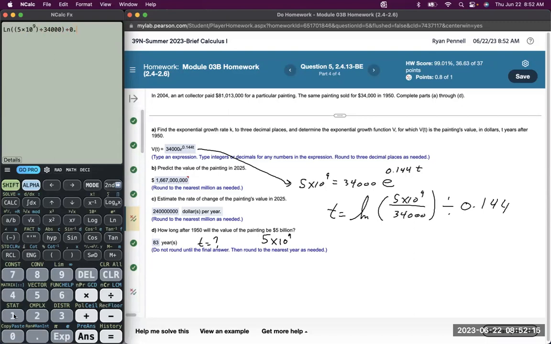Divided by 0.144. And that is my time. 82.6. And they want us to round to, final answer, round to the nearest year. So that's approximately 83 years. Okay. So I hope that helps of seeing a word problem worked out for you. Yeah. So let me know if you have any more questions about that.